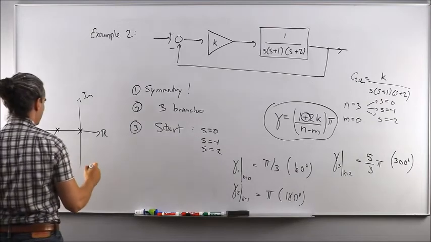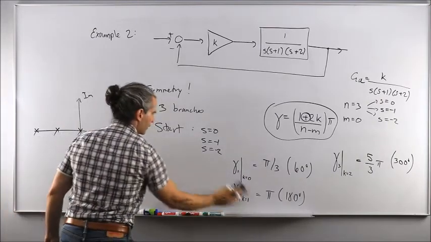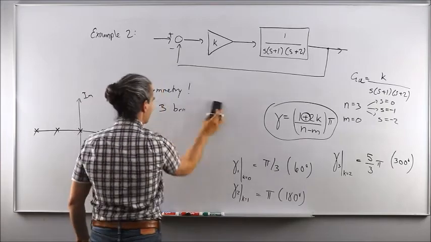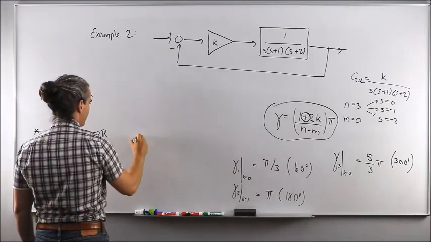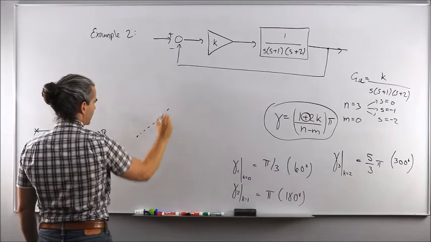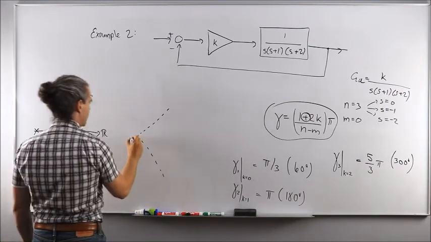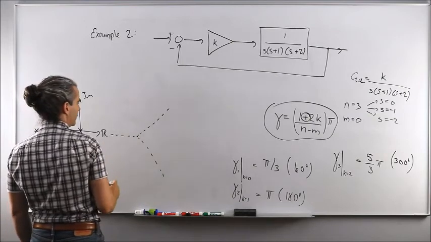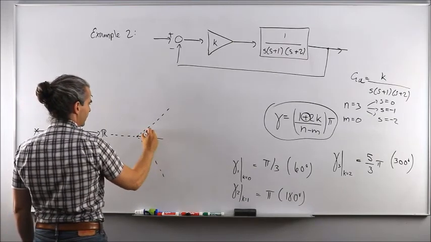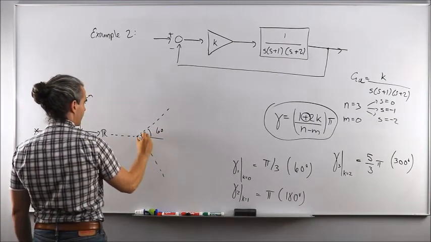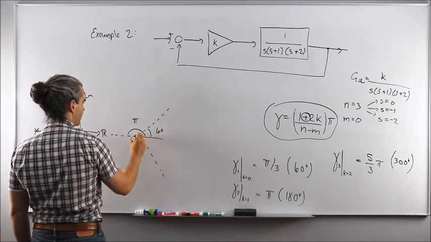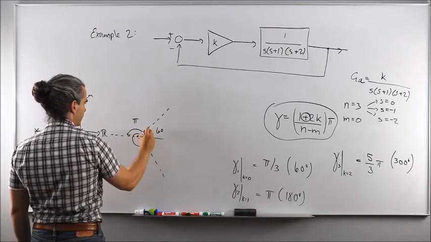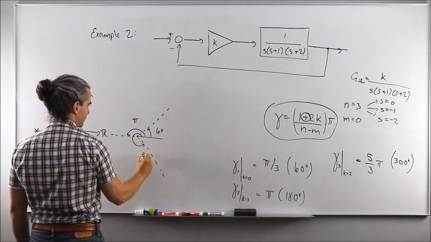My 3 asymptotes at 60, 180, and 300 degrees, meaning that I've got one like this, one like that, and one to the left. And that is convenient because it tells me that I am indeed symmetrical with respect to the real axis. Okay?